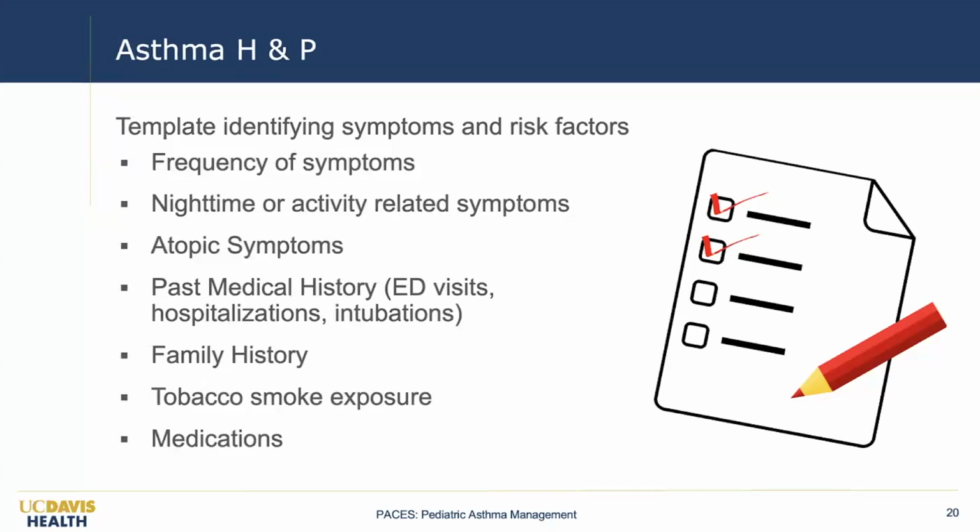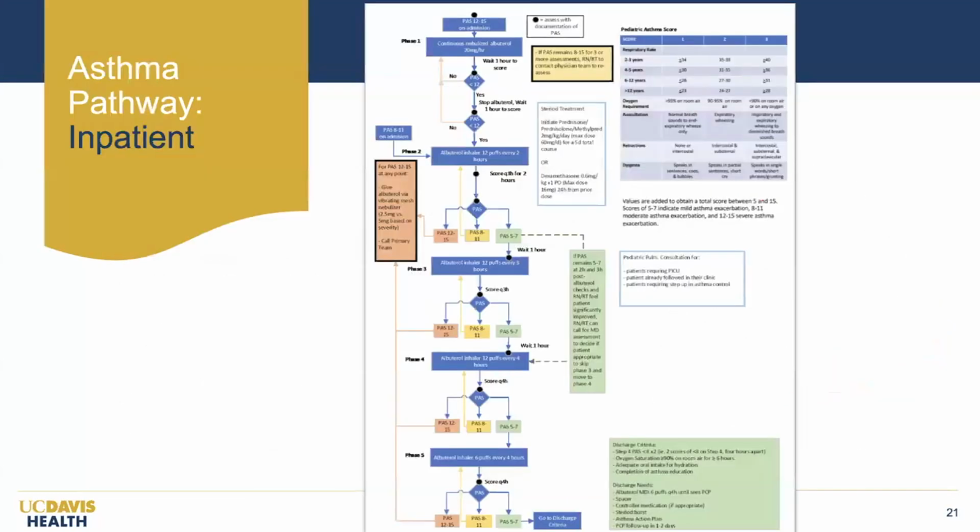So I wanted to give people just an overview of our pathway to visually orient you. On the left-hand side, this is our complete inpatient pathway. The darker blue boxes on the left-hand side start with continuous albuterol, and we'll go through this in more detail. At the very end of that algorithm, we end with albuterol 6 puffs every 4 hours.